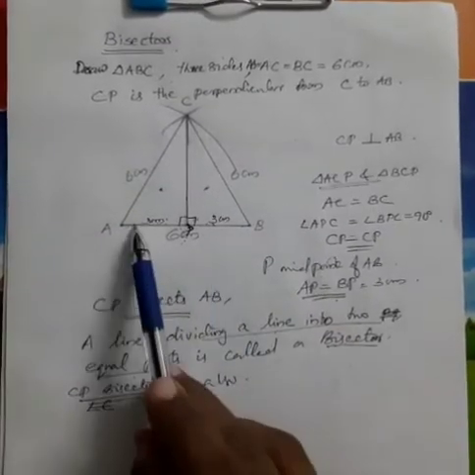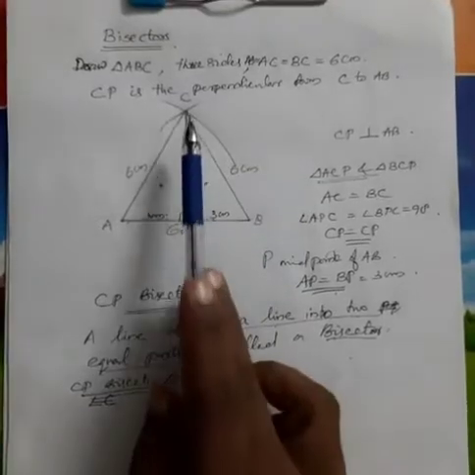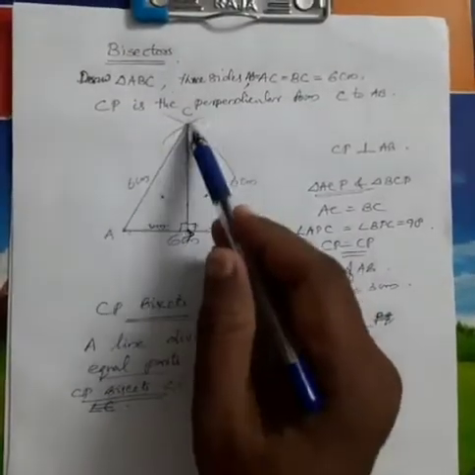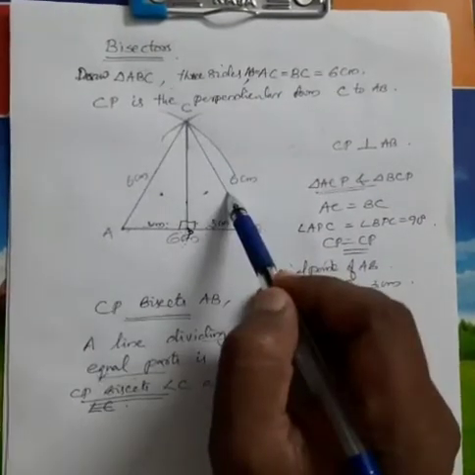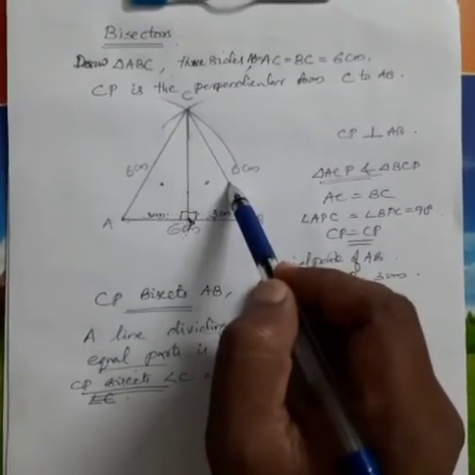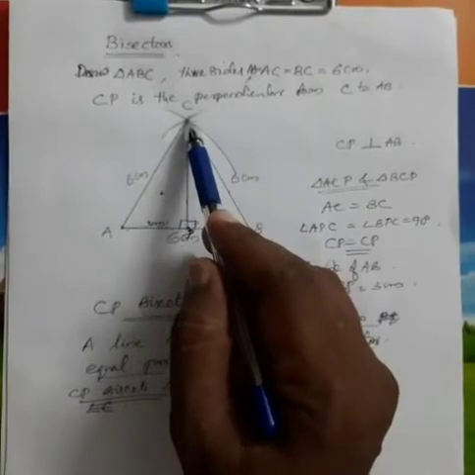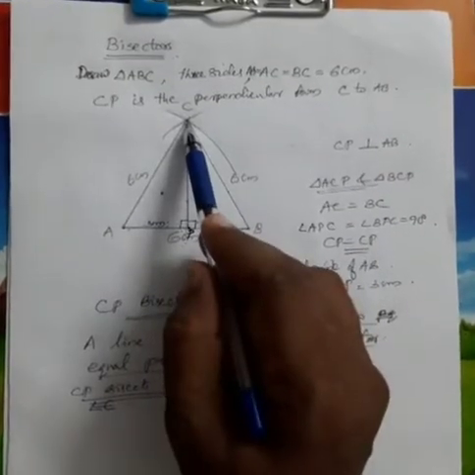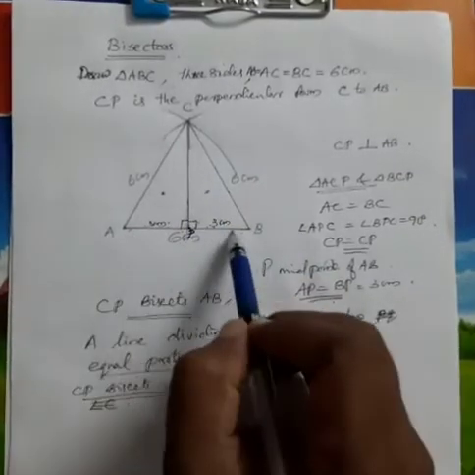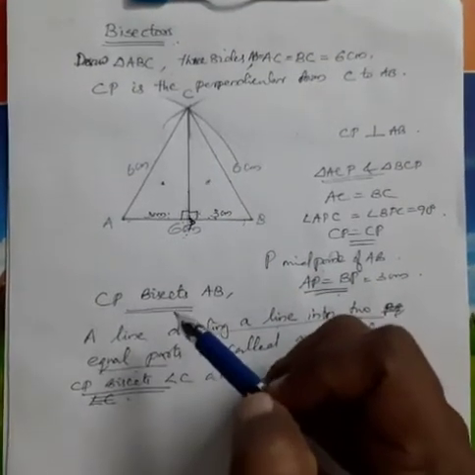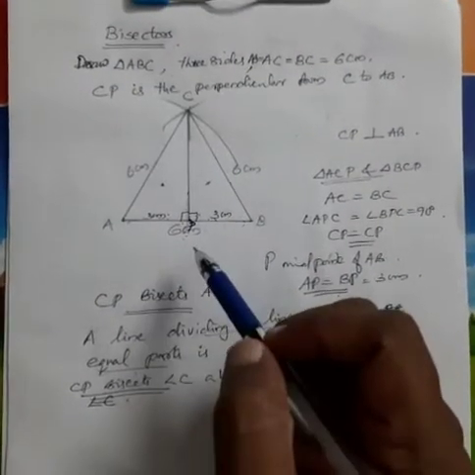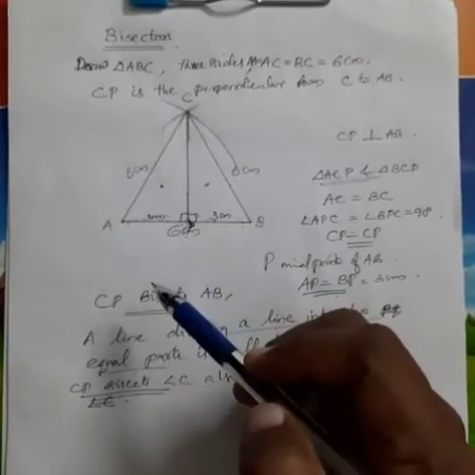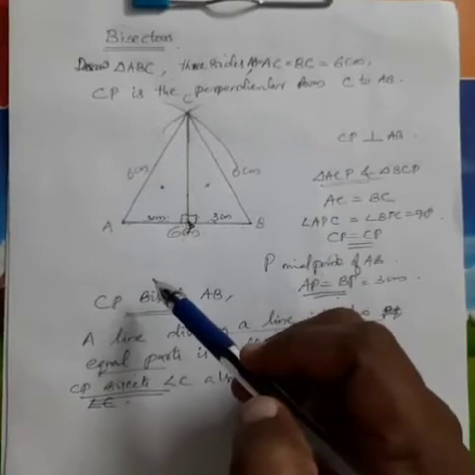So here the side AB is bisected and the angle C also bisects, because AC and BC are the same side, same length. The two sides join from a point. If you draw a perpendicular, the angle should be bisected and the side is also bisected. Side means the opposite side of C. That should also be bisected.